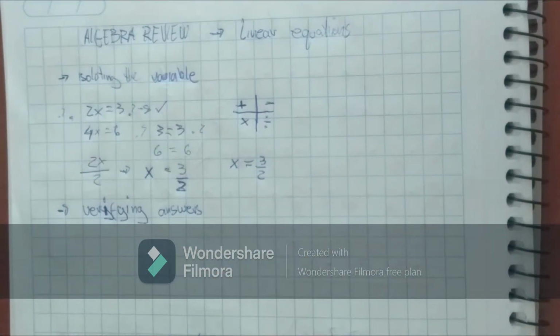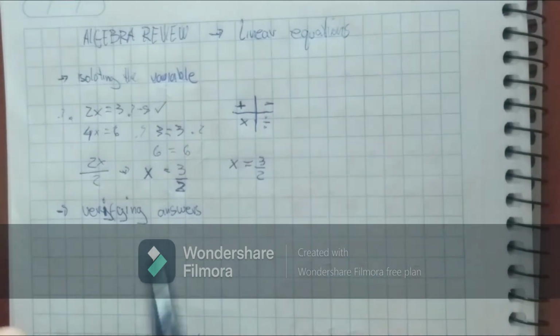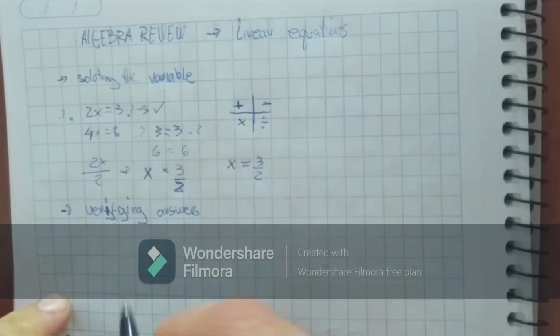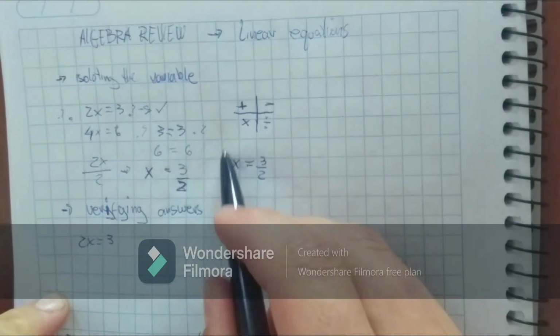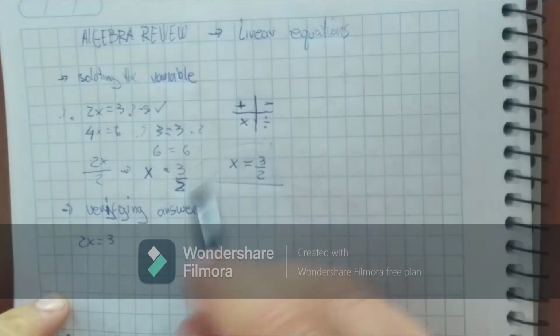And then you say, well, is this actually real? Well, then you can verify your answer, and that is our second learning goal for today. How do you verify if x is actually 3 over 2? You take your initial equation, 2x equals 3, and plug your solution into x.